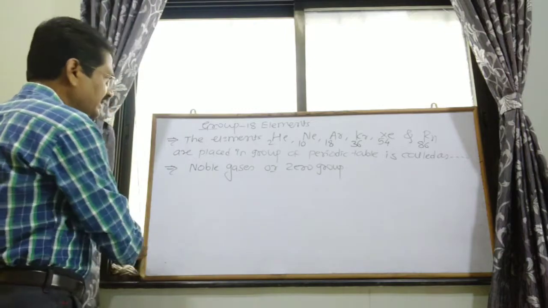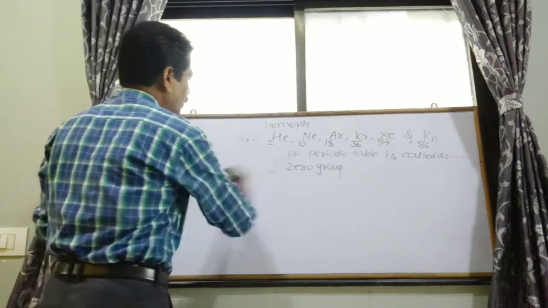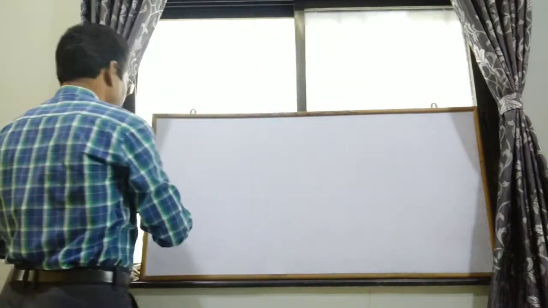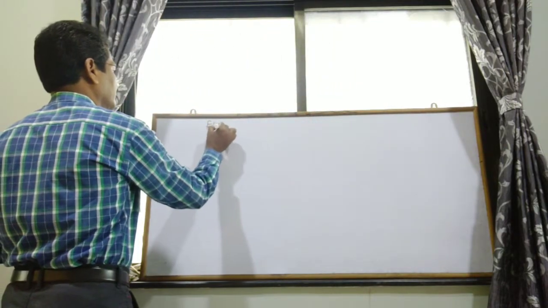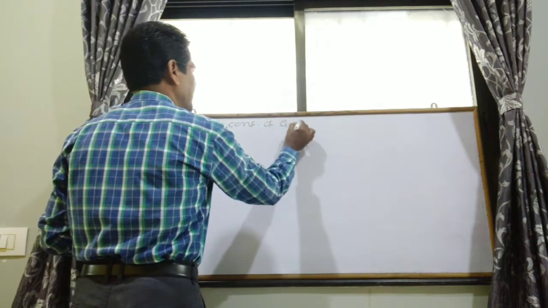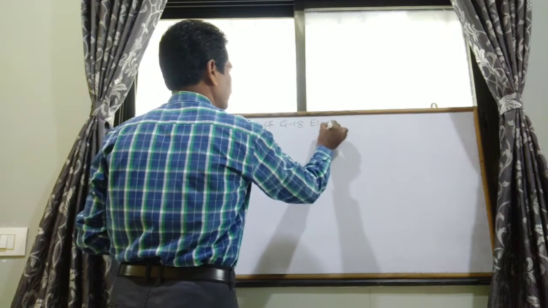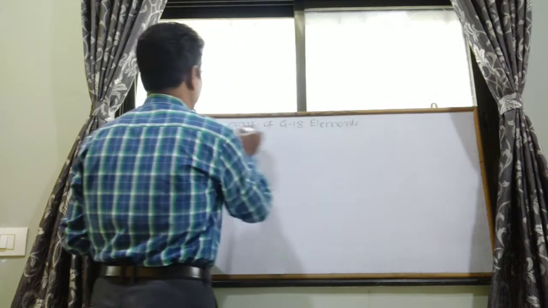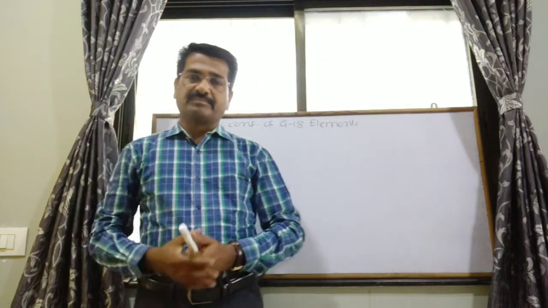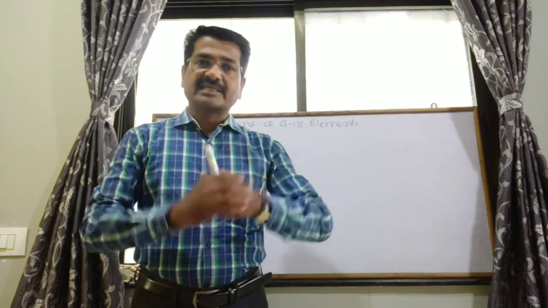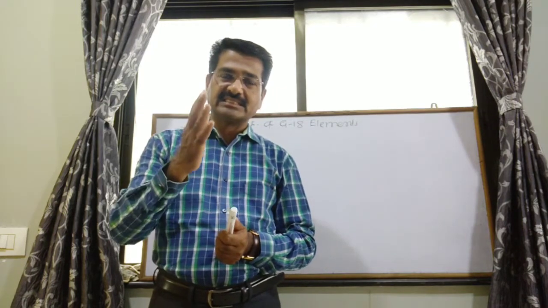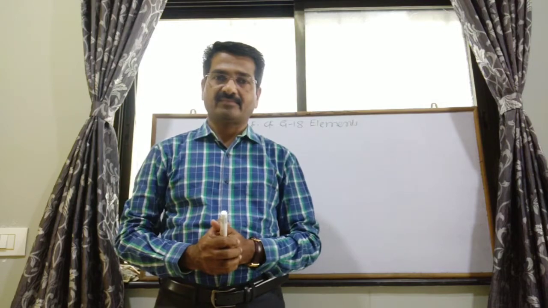After that, see the electronic configuration of group 18 elements. We know from the previous class the electronic configuration of group 16 and 17.